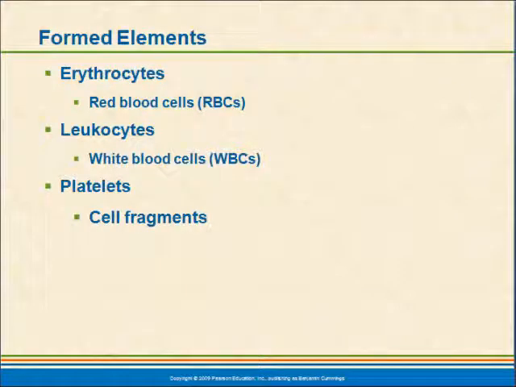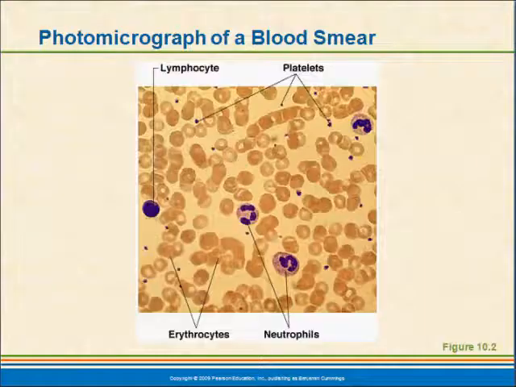Now, the formed elements consist of erythrocytes, which are the red blood cells, leukocytes, which are the white blood cells, and these are involved in our immune system, and then platelets, which are cell fragments, and they are involved in the clotting process. If you looked at blood under a microscope, you might see all of these elements.